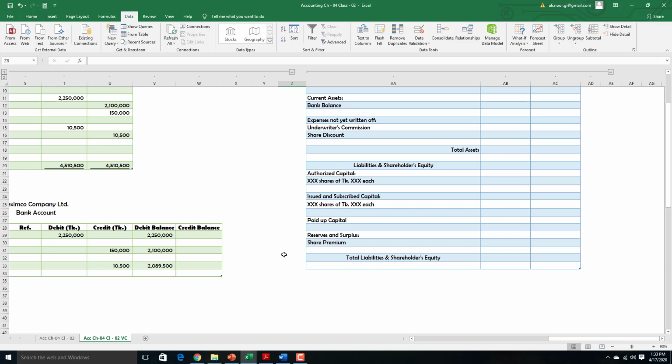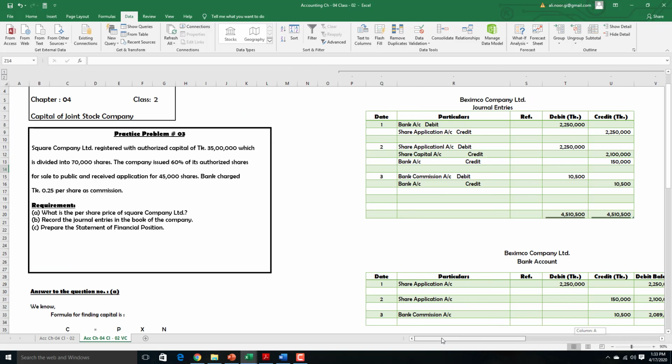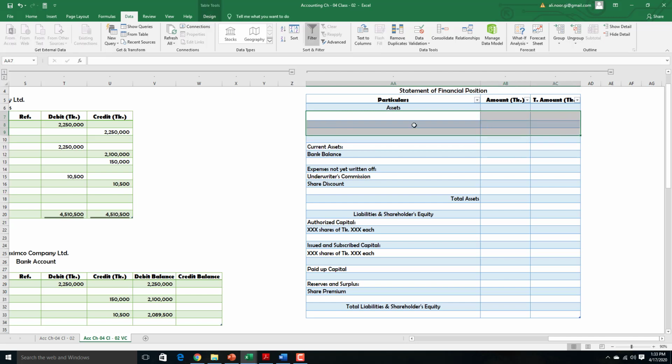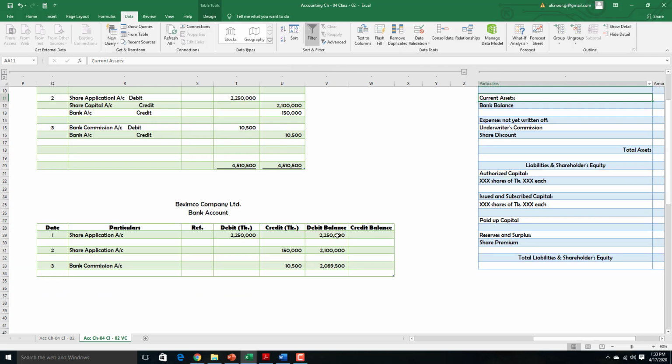Okay, let's start to solve our given problem. In our problem, there are no fixed assets, so I'm not going to write those accounts, so let's delete them. We have current assets, so this is the bank balance, and from this statement you can see that the bank balance is 20,89,500.